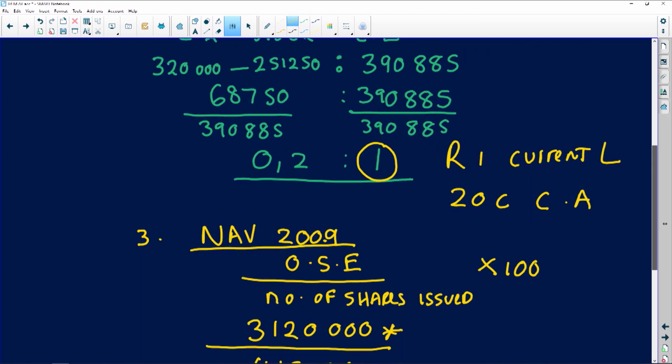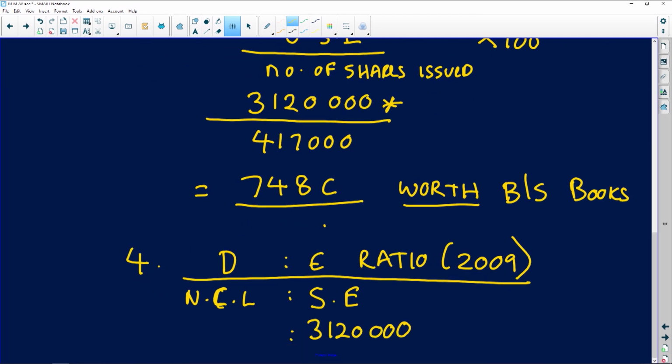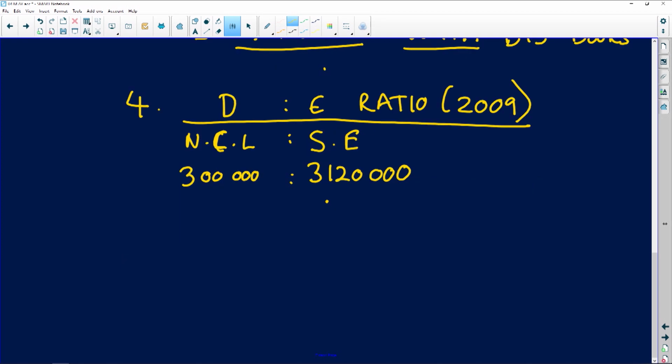Okay, non-current liability, 300,000. Okay, right, and then a straightforward ratio calculation. Again, I divide 300,000 by 3,120,000.